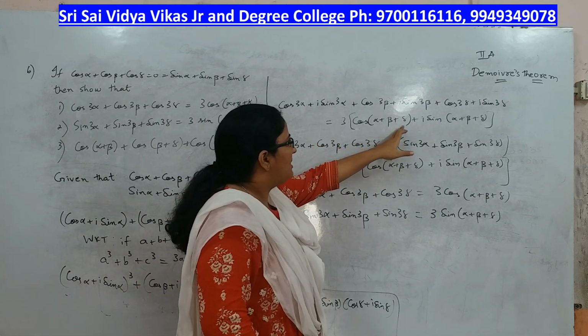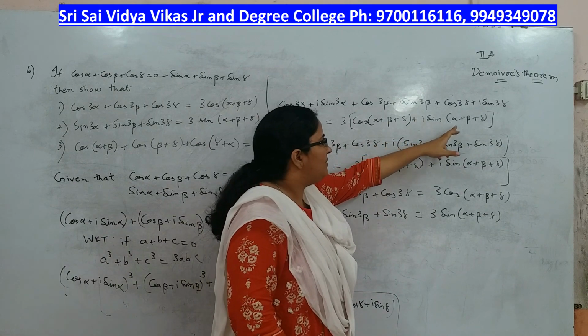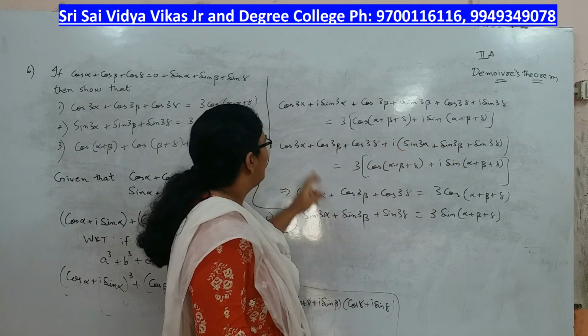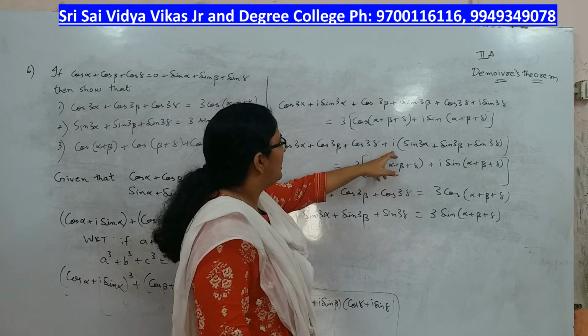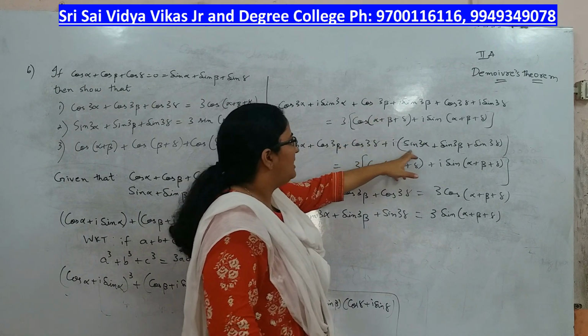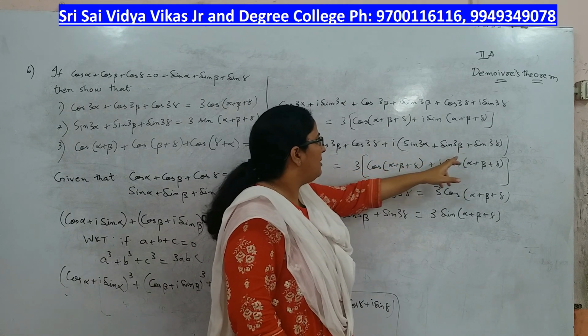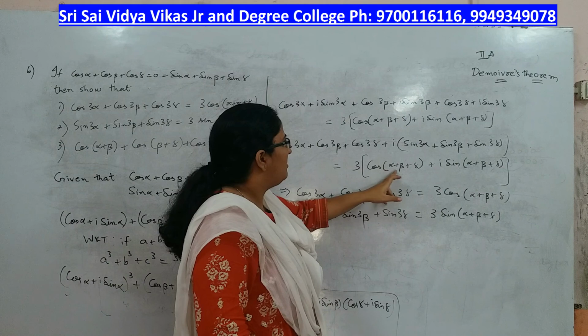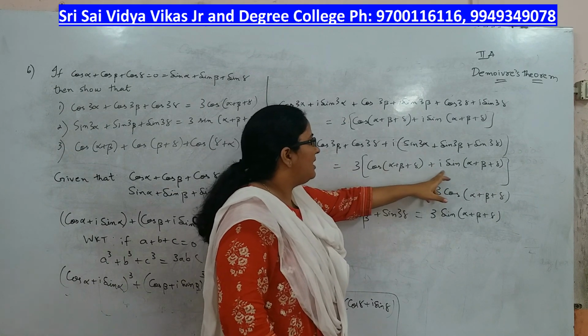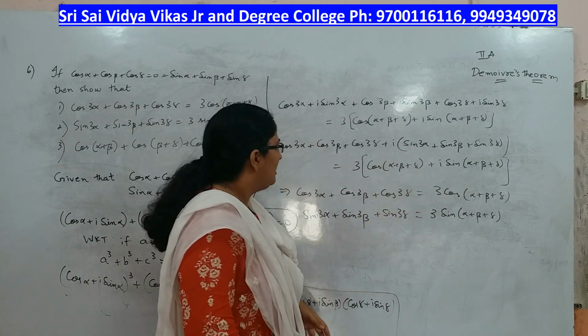that is 3 times (cos(α+β+γ) + i sin(α+β+γ)). So cos 3α + cos 3β + cos 3γ plus i into (sin 3α + sin 3β + sin 3γ) is nothing but 3 into cos(α+β+γ) + i sin(α+β+γ).